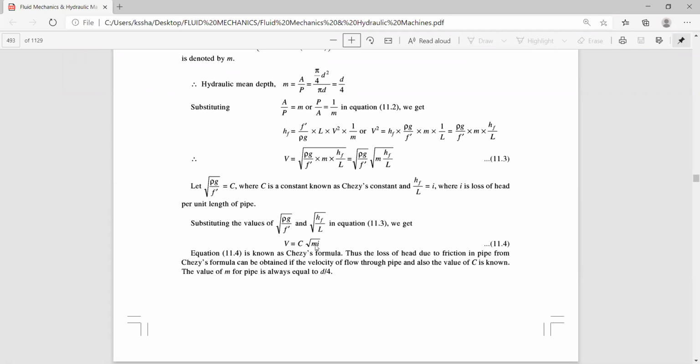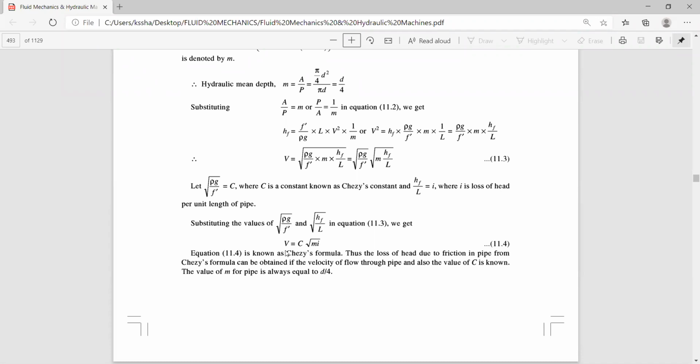Okay, next, m. What is m here? m is nothing but area divided by perimeter, which comes out to be D by 4. So m is nothing but hydraulic mean depth. So how will you calculate hydraulic mean depth? Area divided by perimeter. Okay. So this you have to remember.